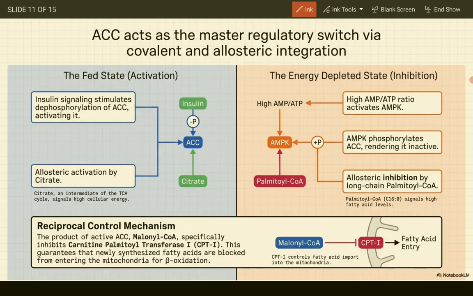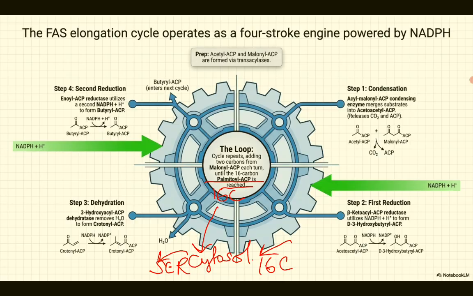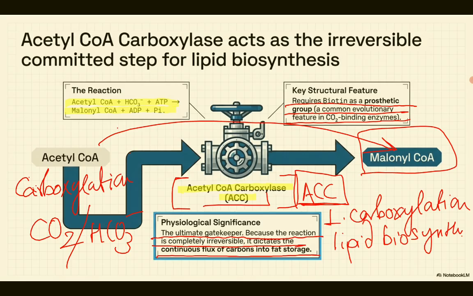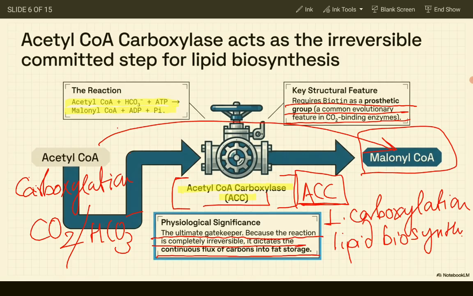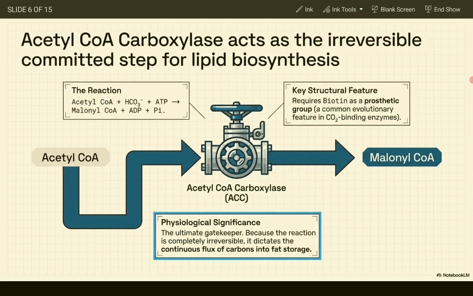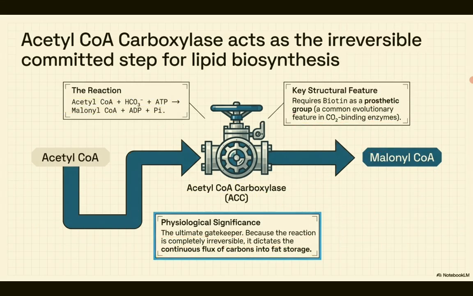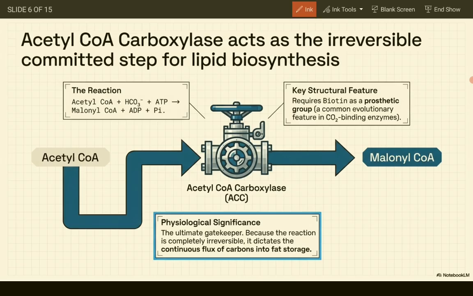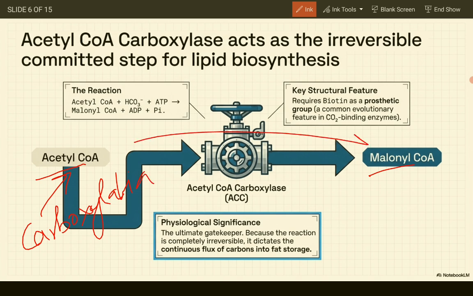So ACC, we have already studied about ACC. If you do not remember, I'll show you. This was ACC. What it does is it converts acetyl CoA into malonyl CoA by carboxylation. Through carboxylation of acetyl CoA, malonyl CoA is produced, and this is the first step.